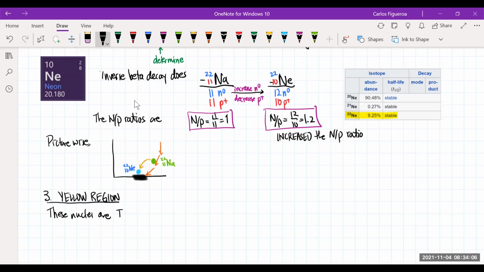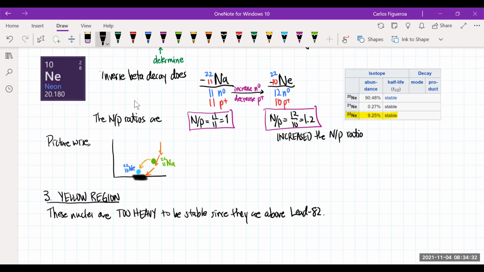So these nuclei are too heavy to be stable, since they are above lead 82.